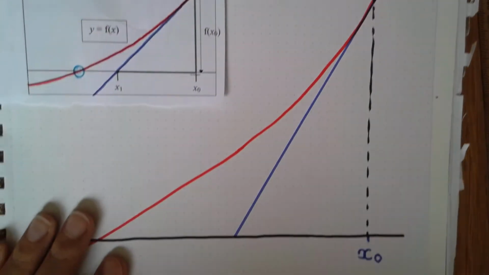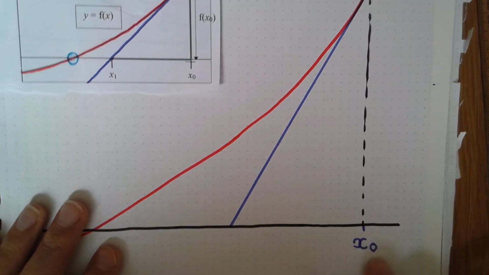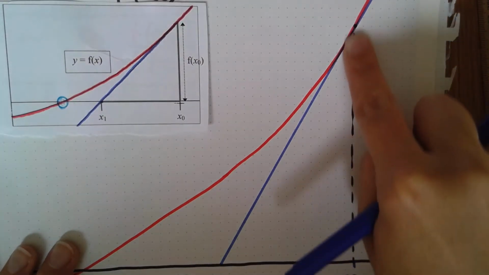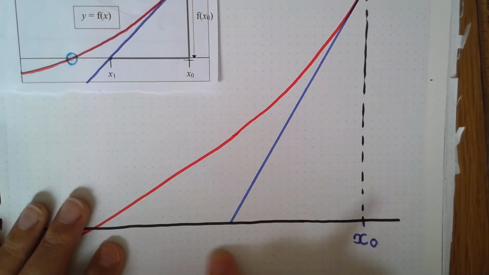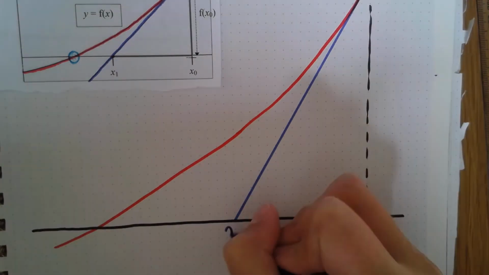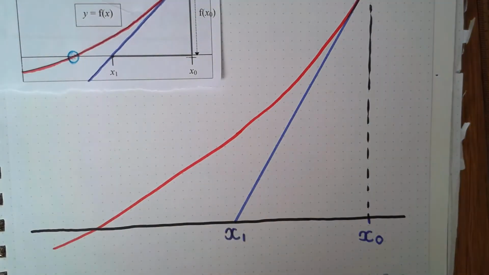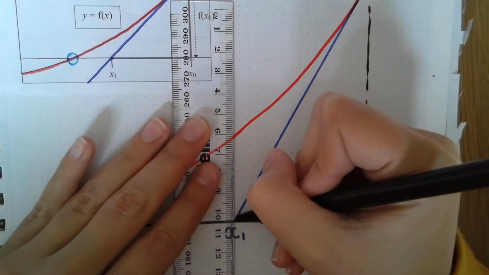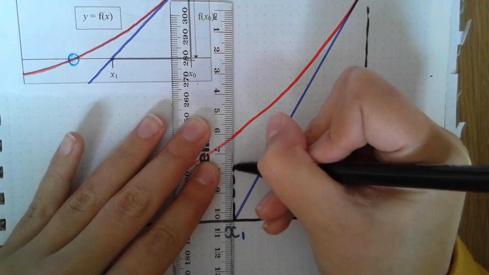We use x0 and sub it in, and it helps us find this value here, which is x1. Then if we do Newton Raphson again, the same thing happens again.